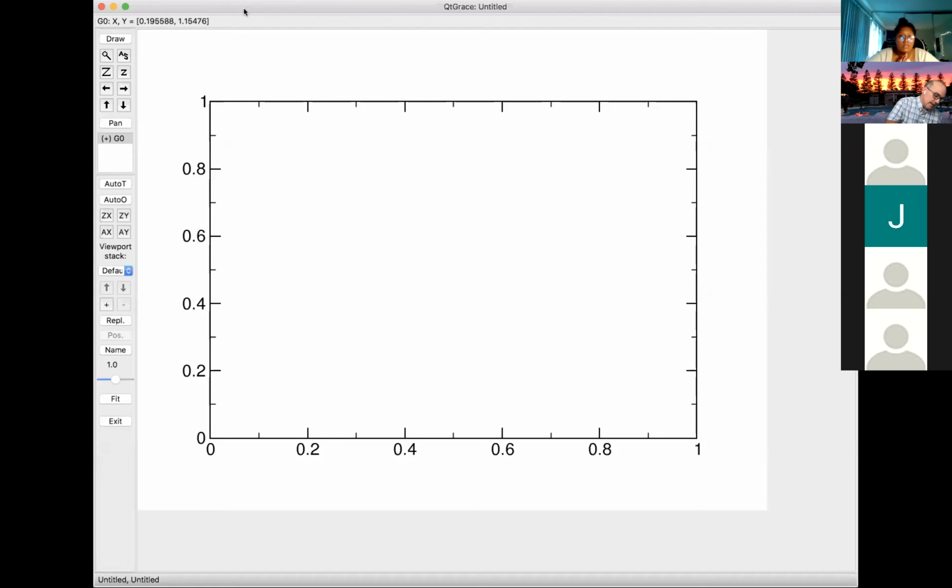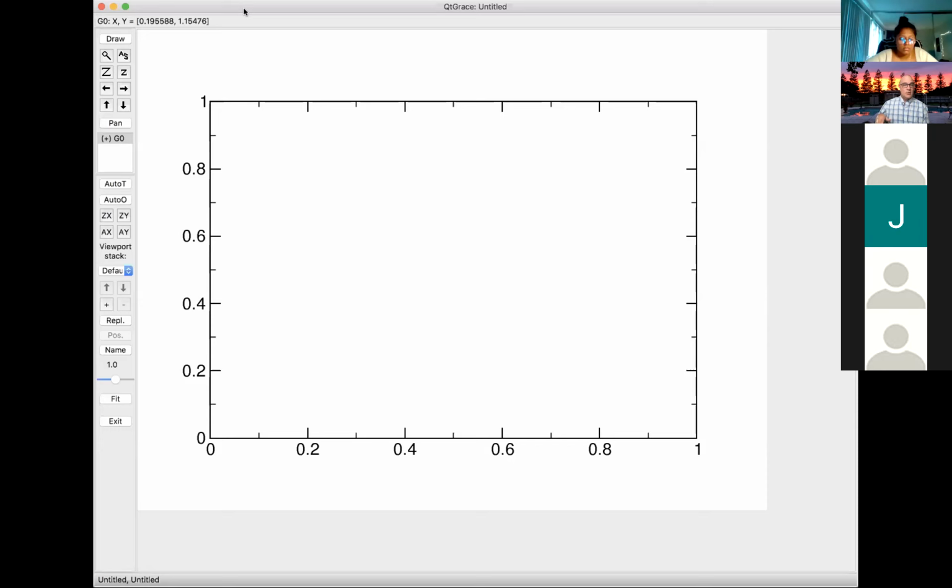So let's say adding a data set in Grace. You can do this a lot of different ways, but for the purposes of this assignment, I just want you to be able to basically put a function in.